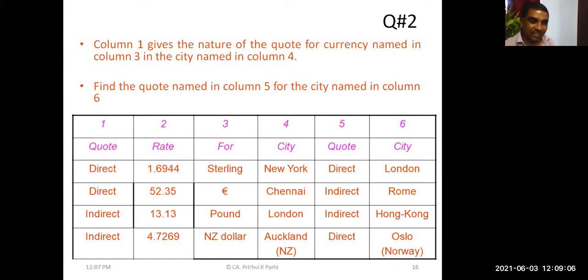So let us say indirect quote for New Zealand dollar in the city Auckland. Auckland is in New Zealand. Now tell me which currency by which currency? It has been asked to you from the city Oslo, which is in Norway.